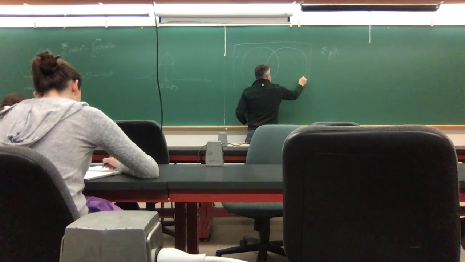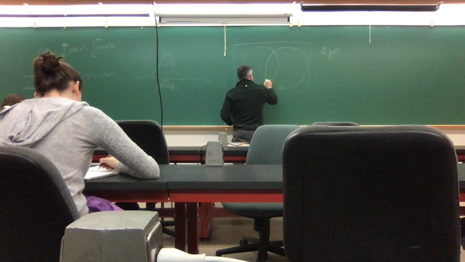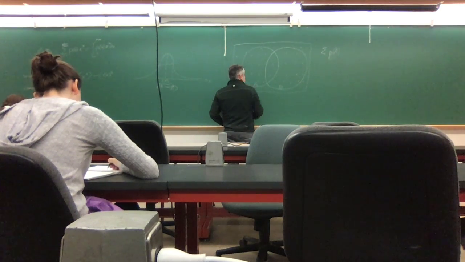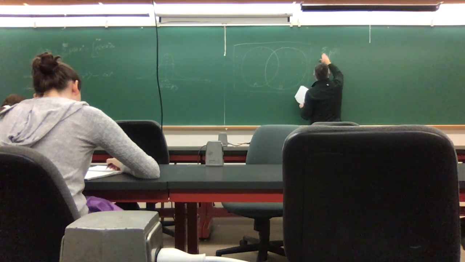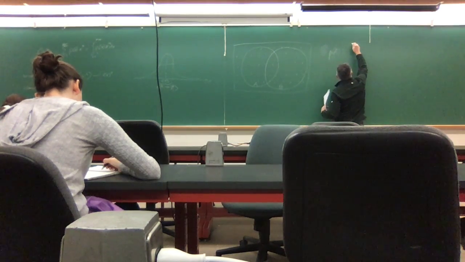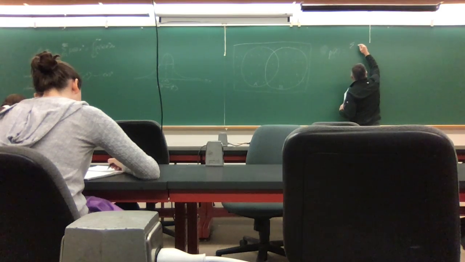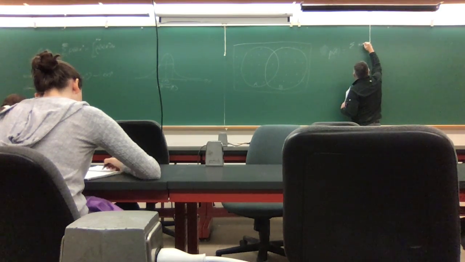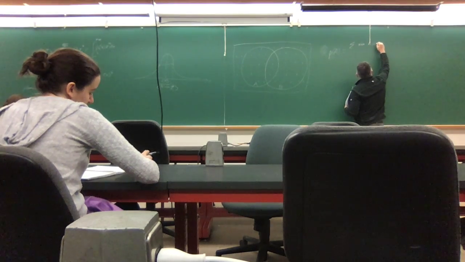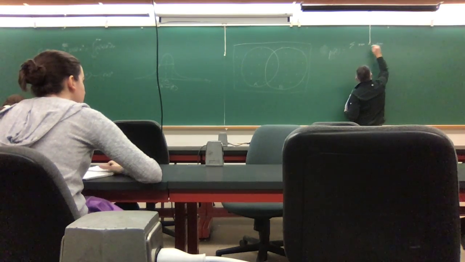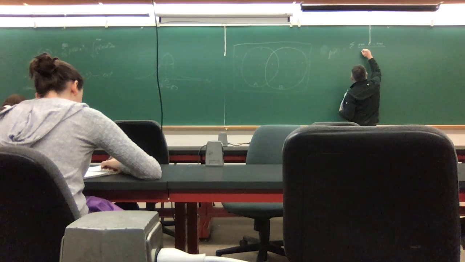So count the number of points that fall in A, and then the number of points that don't fall in A. The probability of A is the number of points where A is true, or inside A, divided by the total number.